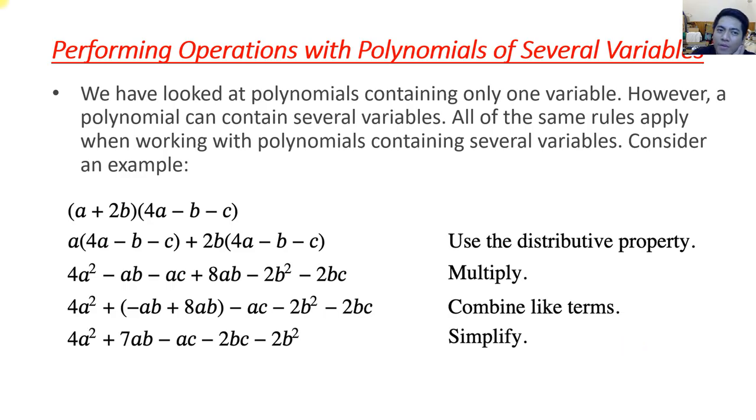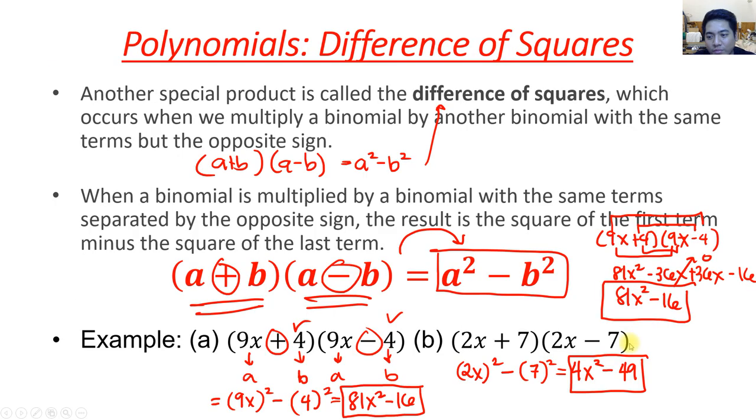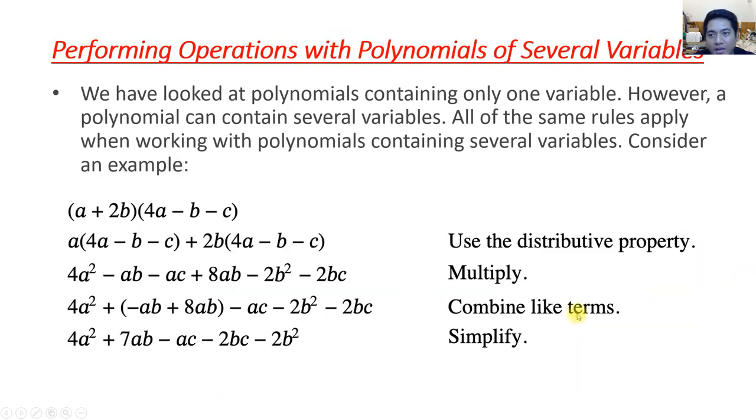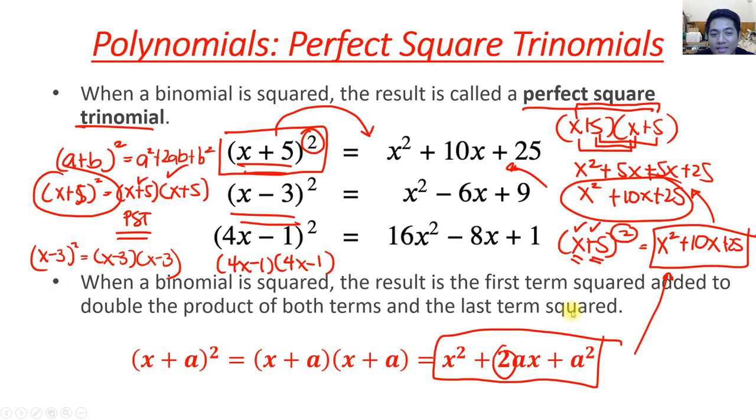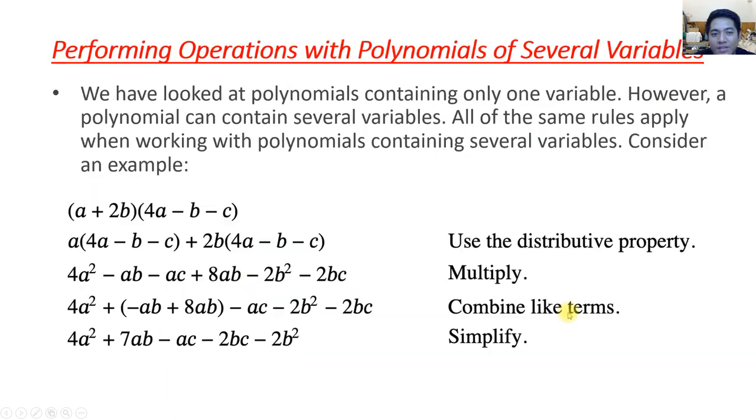Okay, so how about performing operations with polynomials of several variables? So far in what we are studying, we only have x as our variable. What if there is another variable, let's say a, b, c?